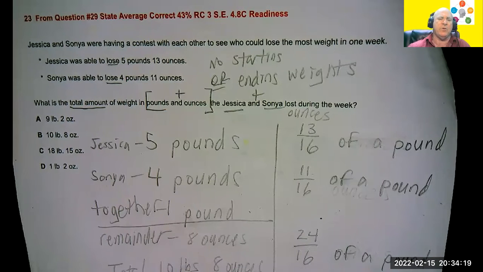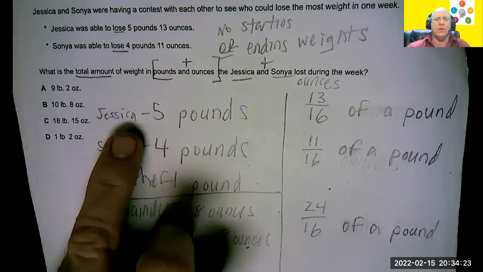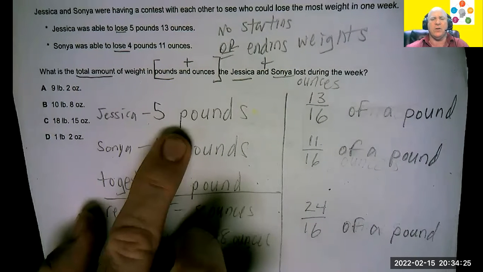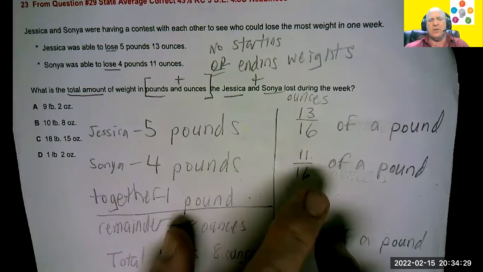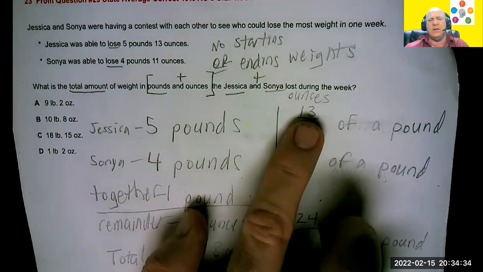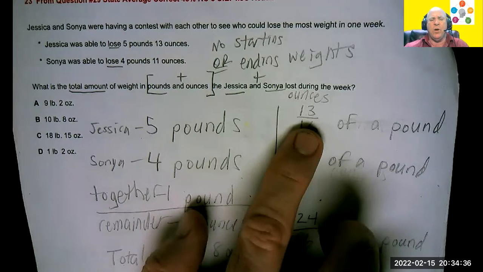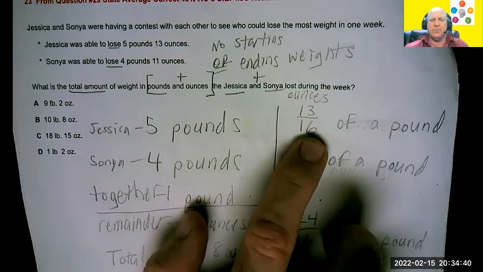So let's figure out what we know so far. Jessica lost 5 pounds. That is true. I'm going to draw a little wall. She also lost 13 ounces. So 13 ounces is 13 out of 16, 13 sixteenths of a pound when you divide a pound into ounces.